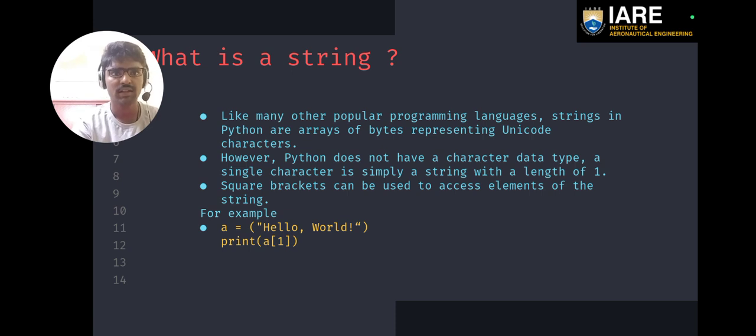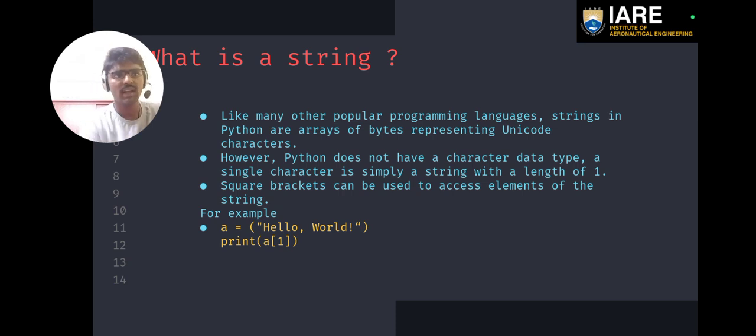A single character is simply a string with a length of one. Square brackets can be used to access elements of a string, which is basically string slicing, which we will discuss further. For example, a basic code: a equals 'Hello, world!', print a[1] gives us e.